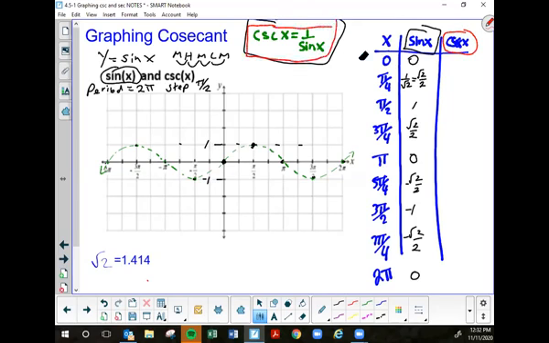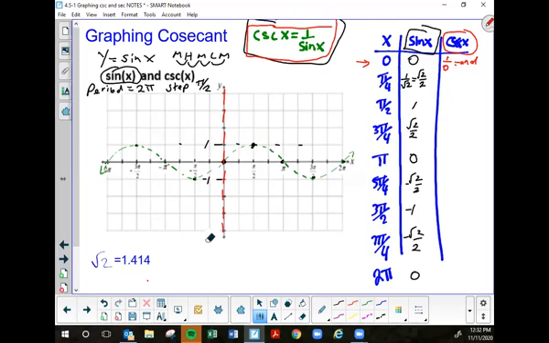So if I look for any angle, like when the angle is 0, the cosecant is going to be 1 over this sine. 1 over 0, which is undefined. On a graph, what undefined looks like is a vertical asymptote. So where x is 0, put in a vertical asymptote.